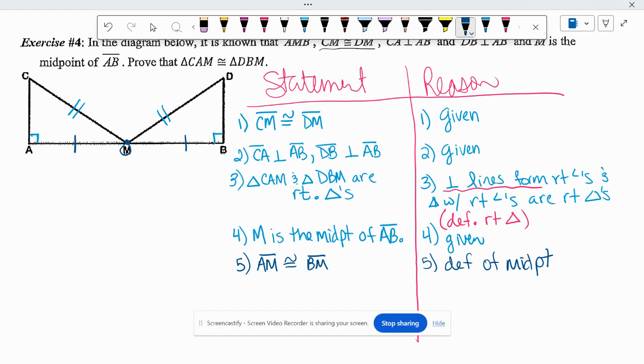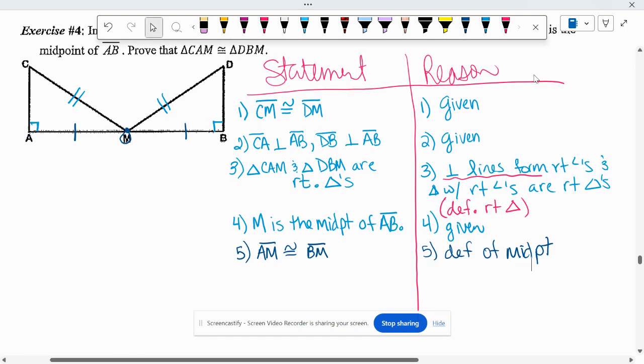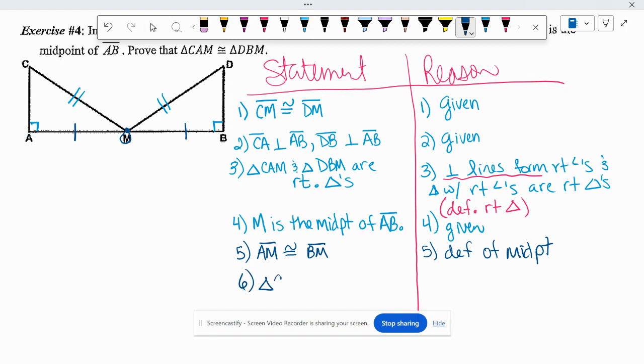We now have marked congruent hypotenuses and congruent legs. So what can we say about those two triangles? We can say that they're congruent to each other. Number 6, triangle CAM is congruent to triangle DBM. What reason? Hypotenuse leg.